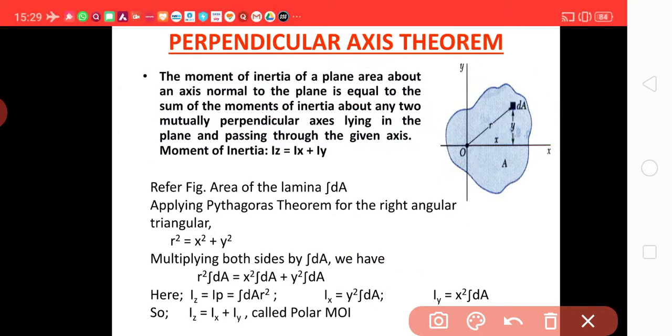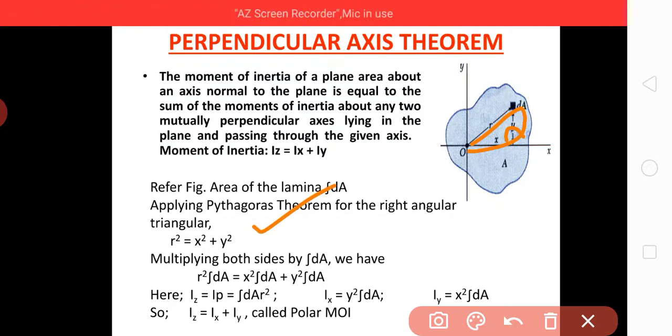The proof is very simple. We know that the distance of the elementary area dA from that vertical axis is r. Then by applying the Pythagoras theorem for the right angle triangle, r square equals x square plus y square.